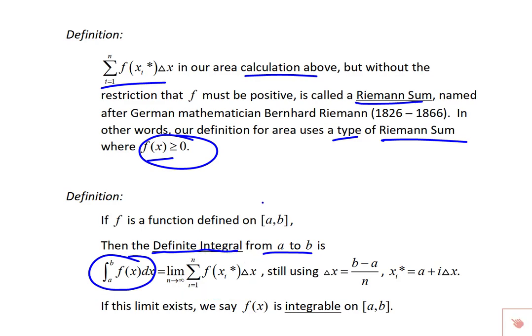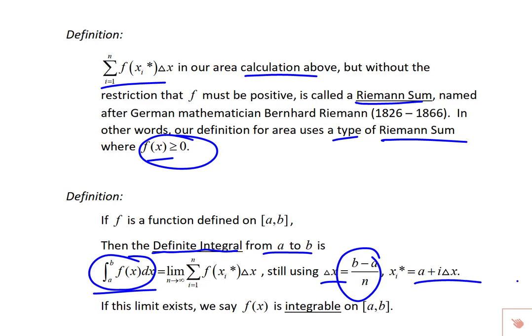The limit of that as n goes to infinity is the limit definition of this definite integral. It's what it means. But we're still going to use delta x as b minus a over n, and x sub i star as this a plus i times delta x.